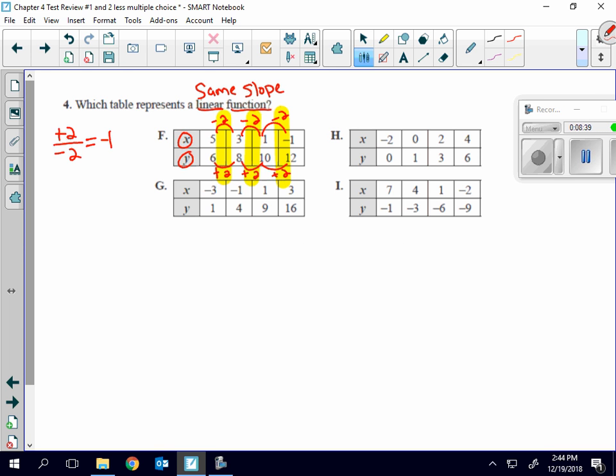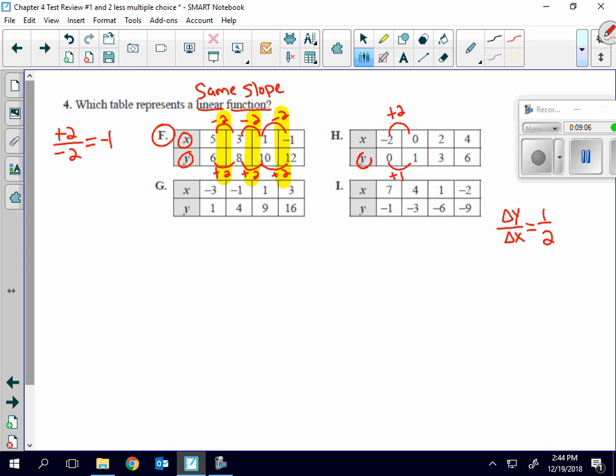And is that what we're looking for? Which table represents a linear function? Yeah, which one has the same slope everywhere? That's this one. Everything I highlighted has a slope of -1. We can double check these. As you see here, we're going up by 2. This is going up by 1. So that slope would be change in y over change in x, which is 1 over 2.